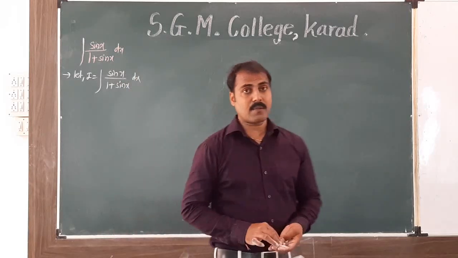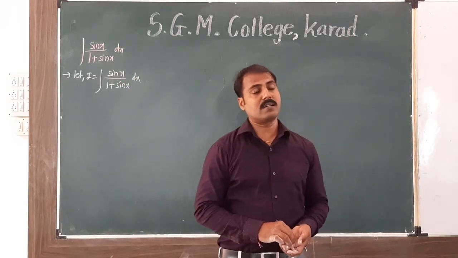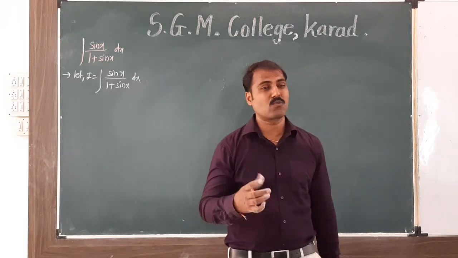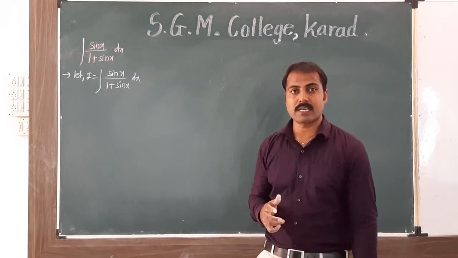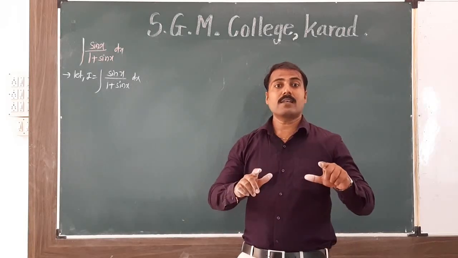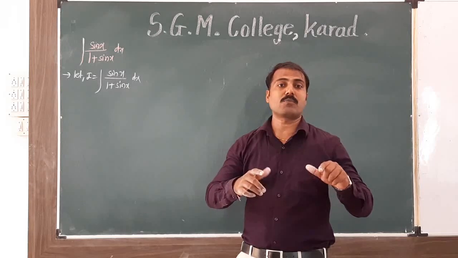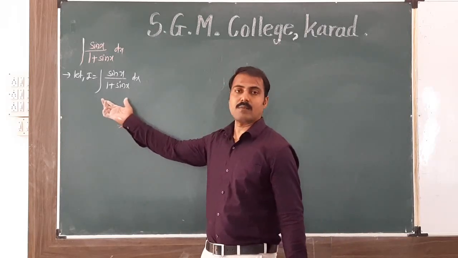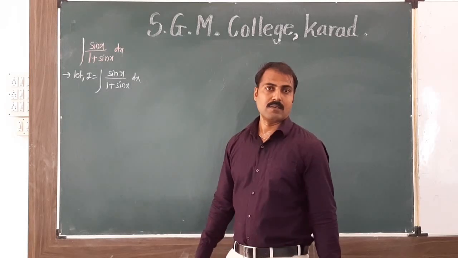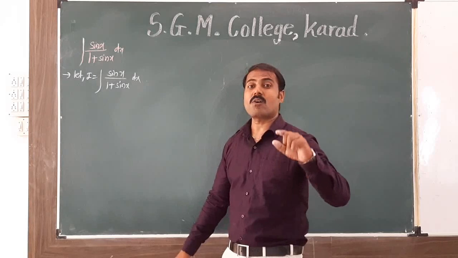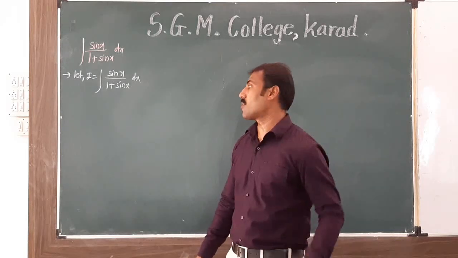In example of integration, if there is a term in denominator like 1 plus sin x, 1 minus sin x, 1 plus cos x, 1 minus cos x, sec x plus tan x, sec x minus tan x, we solve such type of integration by rationalization. Multiply numerator and denominator by conjugate number of denominator.